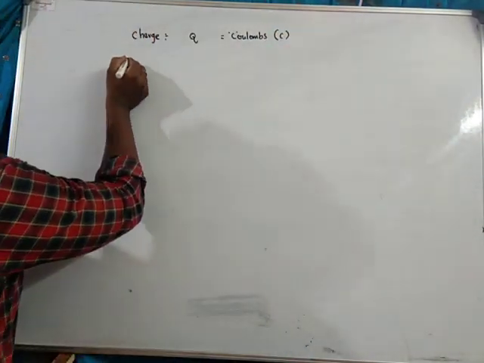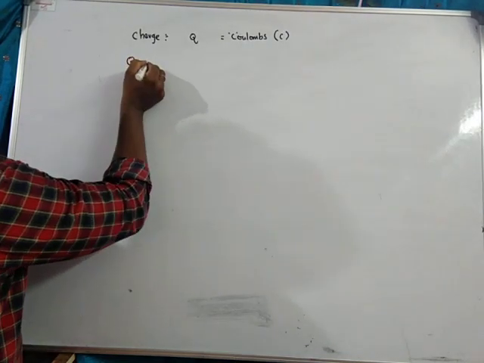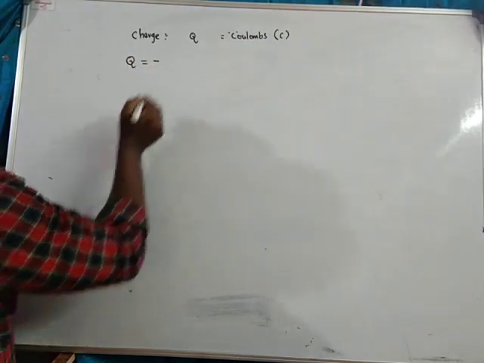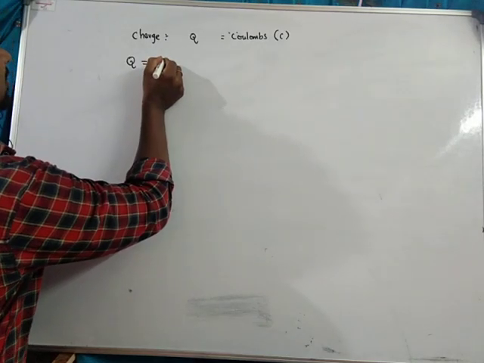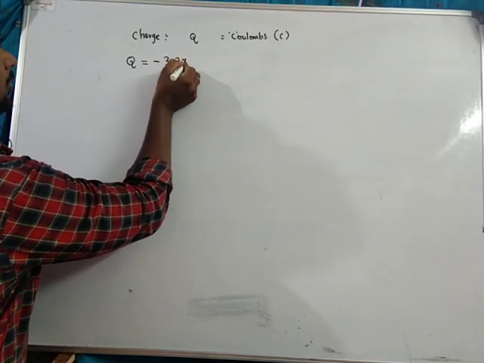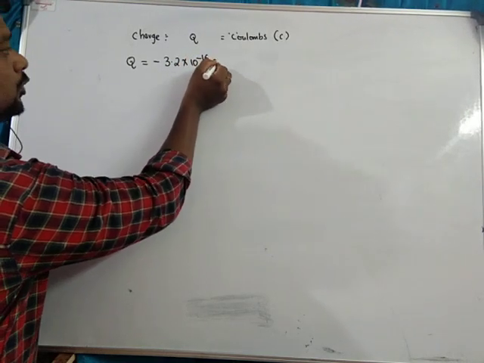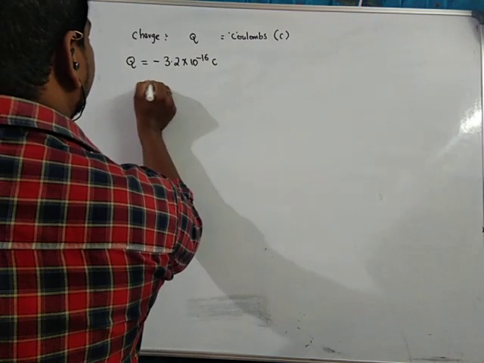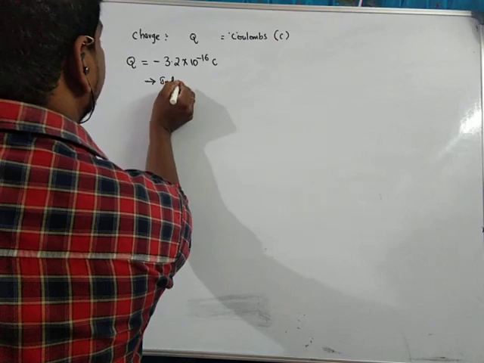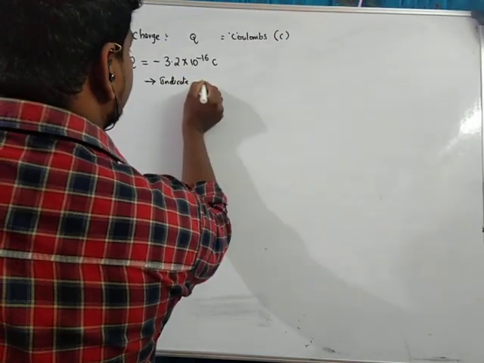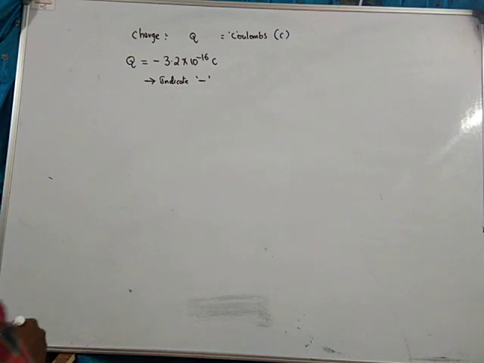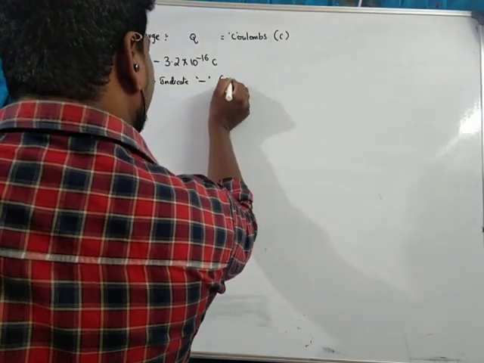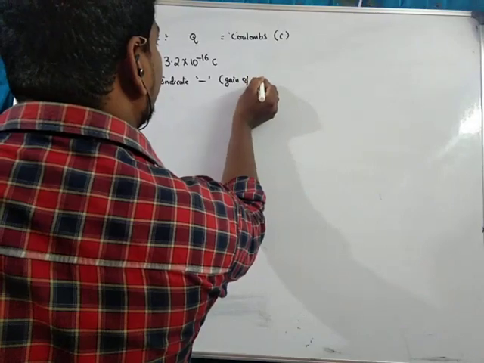Suppose we define Q equals minus 3.2 into 10 to the power of minus 16 coulombs. Here we have a negative sign. Whenever we have a negative sign, there is simply a gain of electrons.